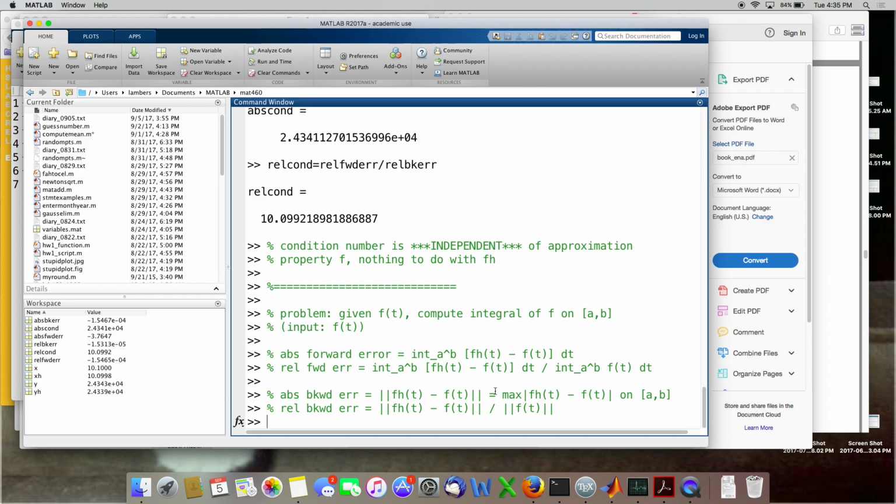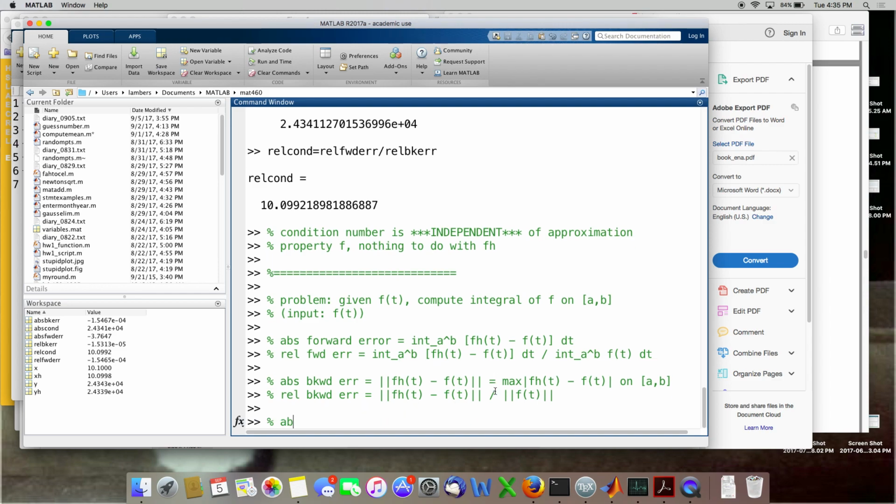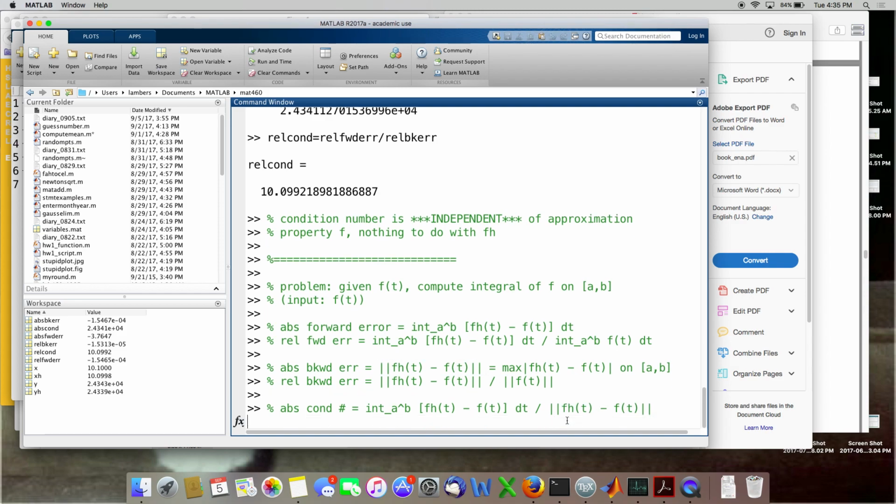Okay. So now I can look at condition numbers. The absolute condition number, so that would be the absolute forward error, so the integral of the difference, divided by this difference right here between the two functions.